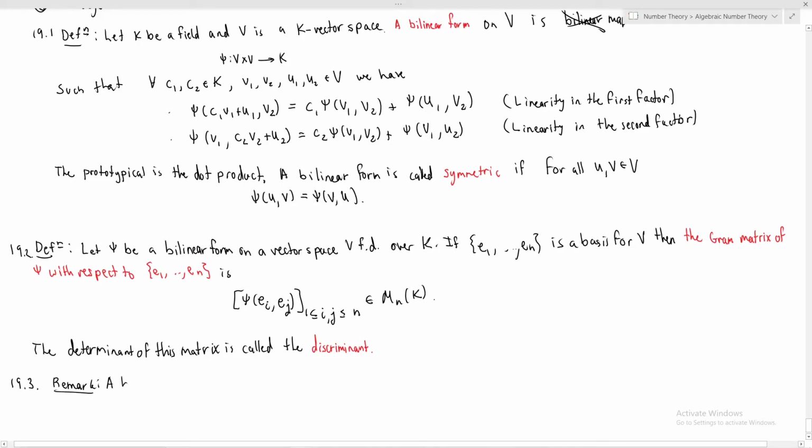A bilinear form is determined by its Gram matrix in any basis.